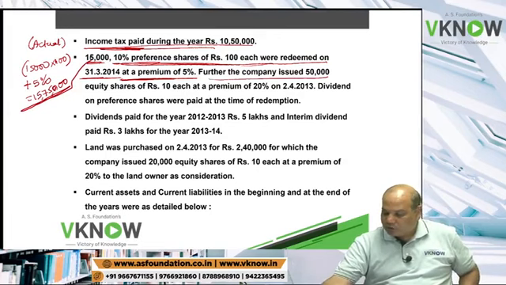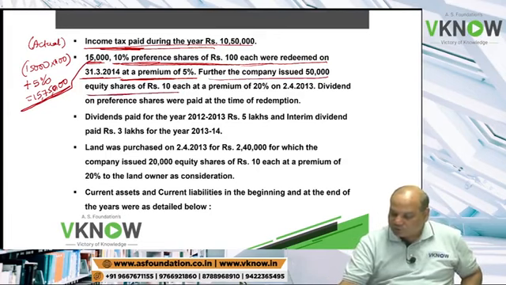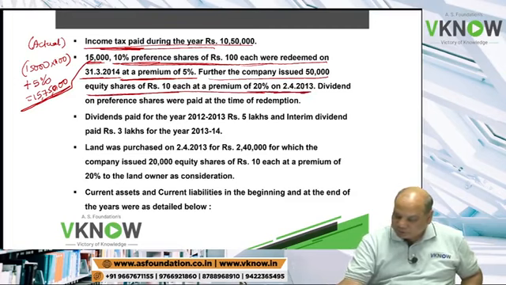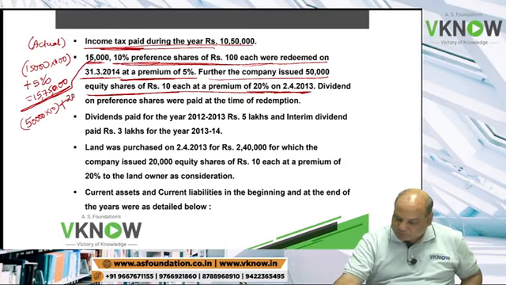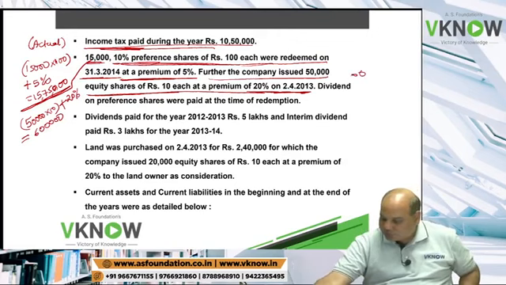Further, the company issued 50,000 equity shares of rupees 10 each at a premium of 20% on 2nd April 2013. So equity share issued is 50,000 into 10 plus 20% premium, which is 6 lakh.